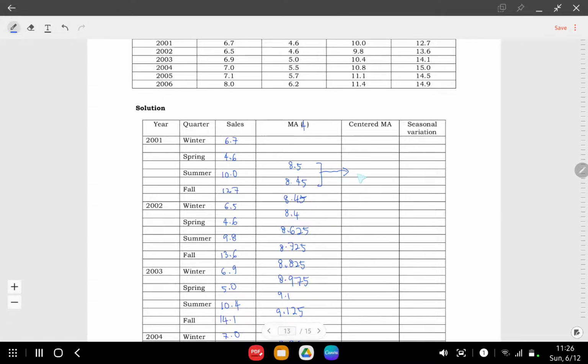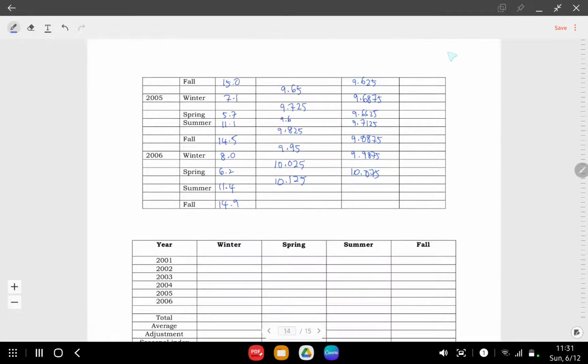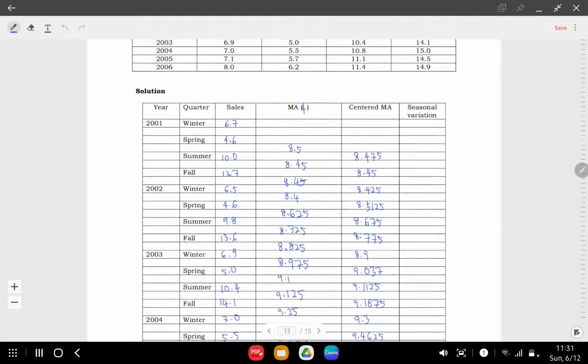So the answer is 8.475, and we need to do the same for the rest of the rows in the entire column. These are the values for the centered moving average in the fifth column.